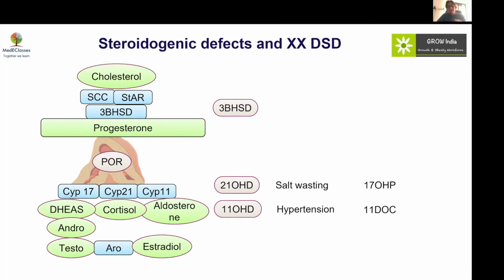So 3-beta HSD2 deficiency in the adrenal gland will result in excess DHEAS, and this DHEAS will go to the liver and be converted to androgens via 3-beta HSD1, and ultimately they will virilize the female genitalia. So this is the mechanism where 3-beta HSD2 deficiency will result in female genital virilization.